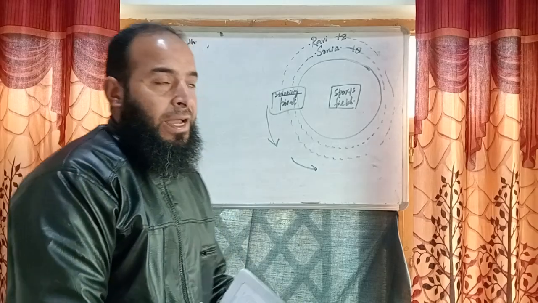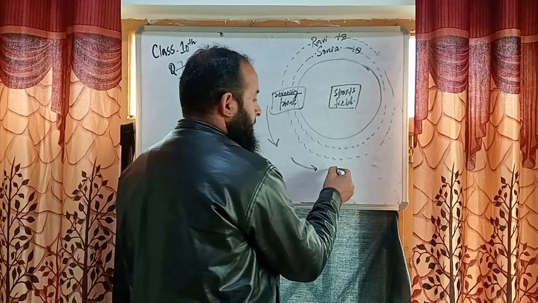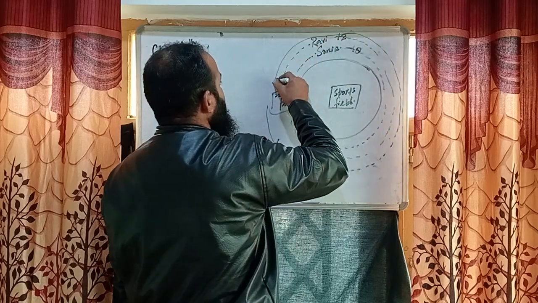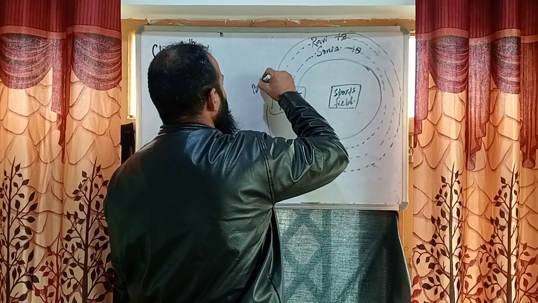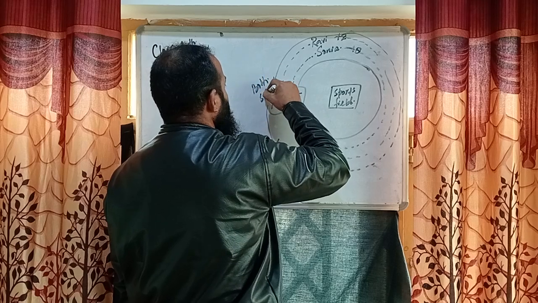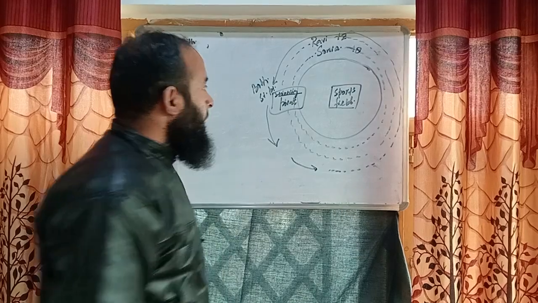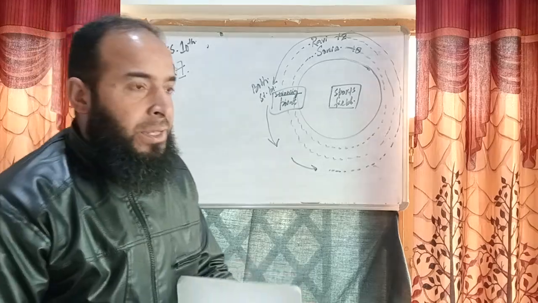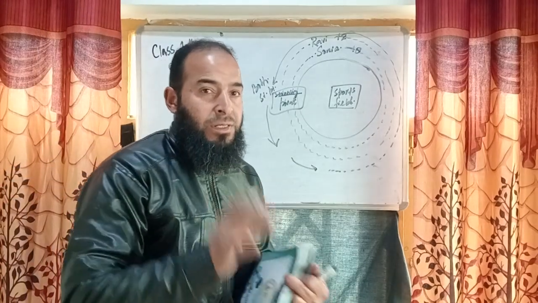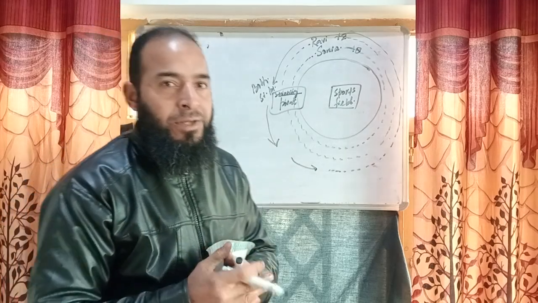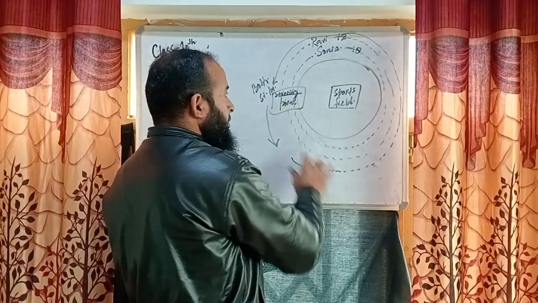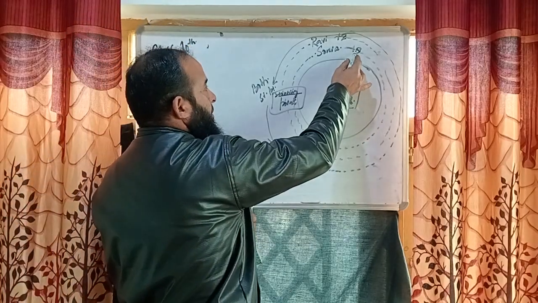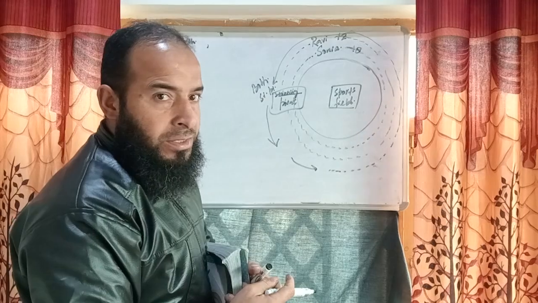Now the question says, after how many minutes will they both meet at the starting point. Just imagine they both start from this point. Sonia takes 18 minutes, Ravi takes 12 minutes.